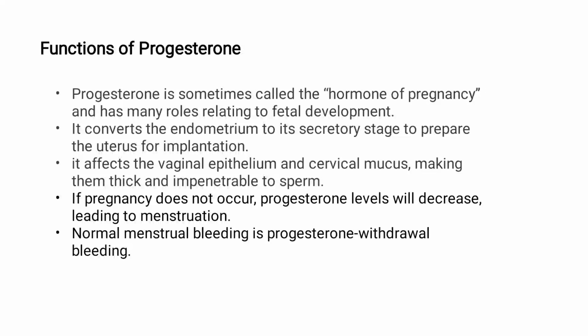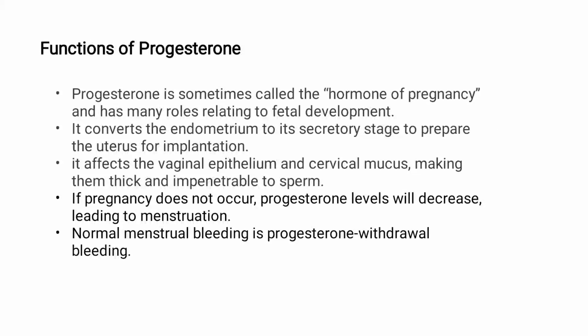The blastocyst gets implanted in the endometrium, and at that time progesterone acts on the endometrium to support the implantation. It also affects the vaginal epithelium and cervical mucus, making them thick and impenetrable to the sperm.